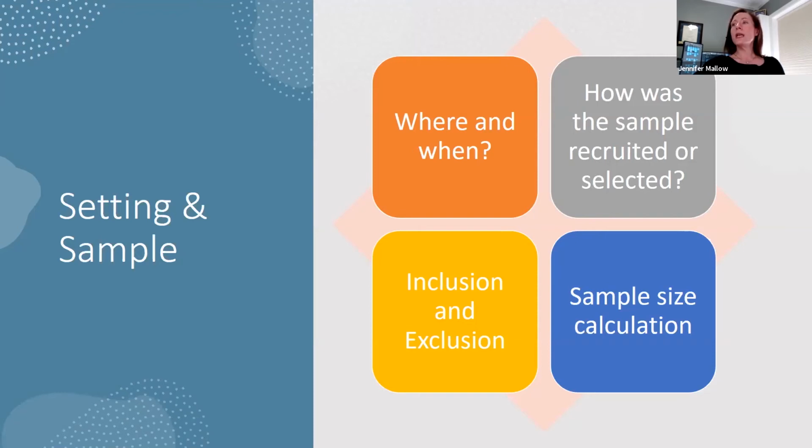So the inclusion criteria are the attributes of the subjects that are essential for their participation, and the exclusion criteria are the attributes of the subject that require removal from consideration for participation. And then provide a sample size calculation for studies that are set up to test a specific hypothesis.